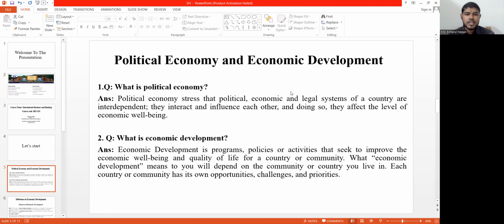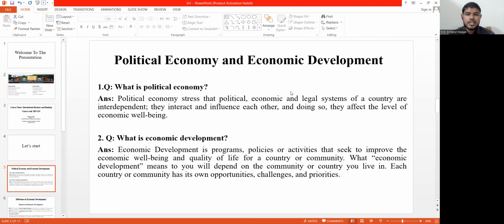Second, what is economic development? Economic development means the overall long-lasting development or growth in a nation. Economic development here is programs, policies, and activities that seek to improve the economic well-being and quality of life for a community or country. So the development depends on the country and community.